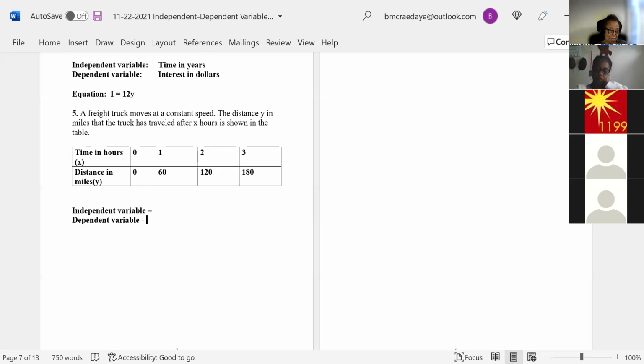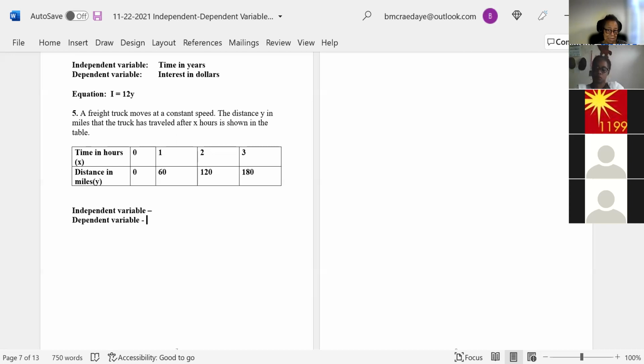The time in hours is dependent upon the distance? What is the dependent variable? Is it the distance in miles the freight truck travels, or is it the time in hours it travels? Okay, so the time in hours is dependent upon the distance in miles?